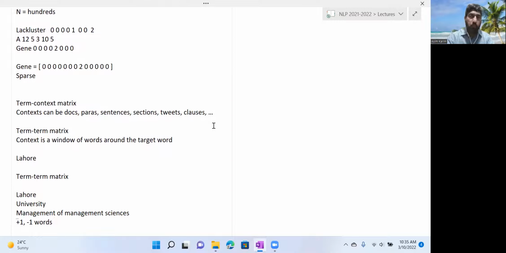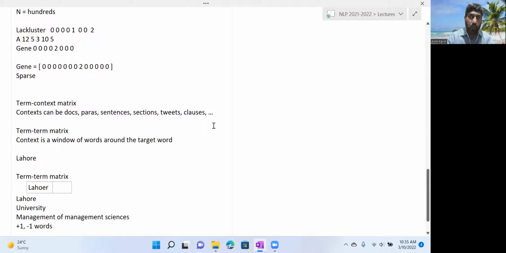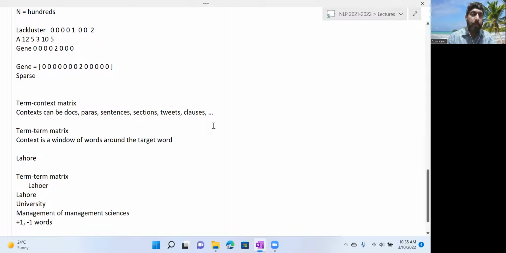And as columns, you also have those same words: Lahore, then university, and then management.